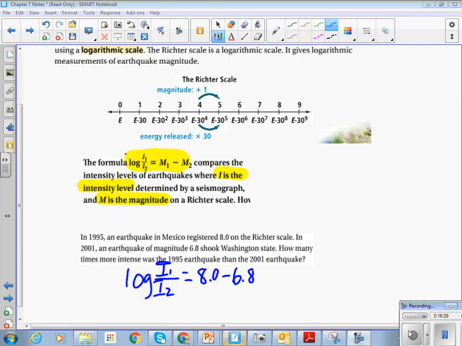Thankfully we can do that math. 8 minus 6.8 is 1.2.